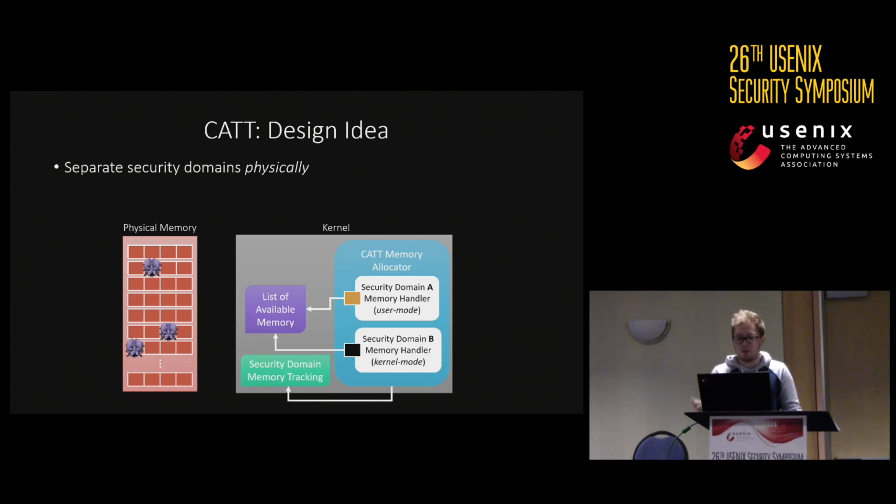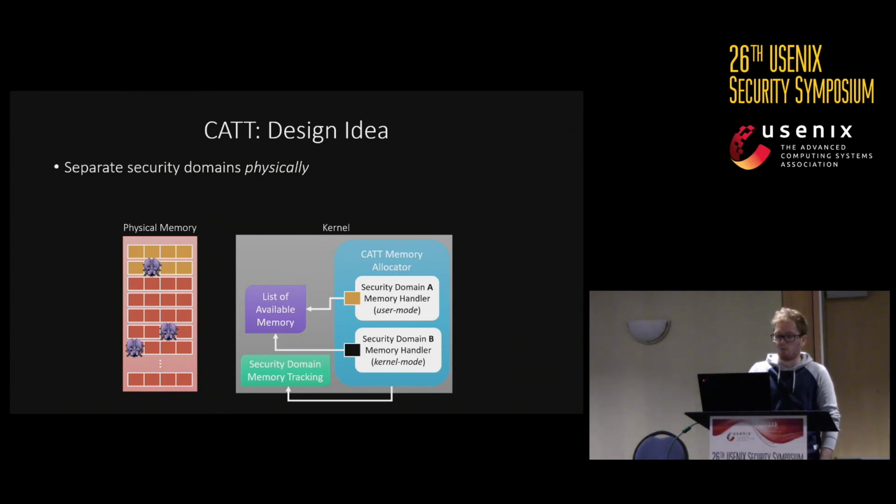And CATT then tracks for each domain where an allocation request originated from. So if we get a request from domain A, the memory allocator dedicates a certain area of the DRAM to this domain.